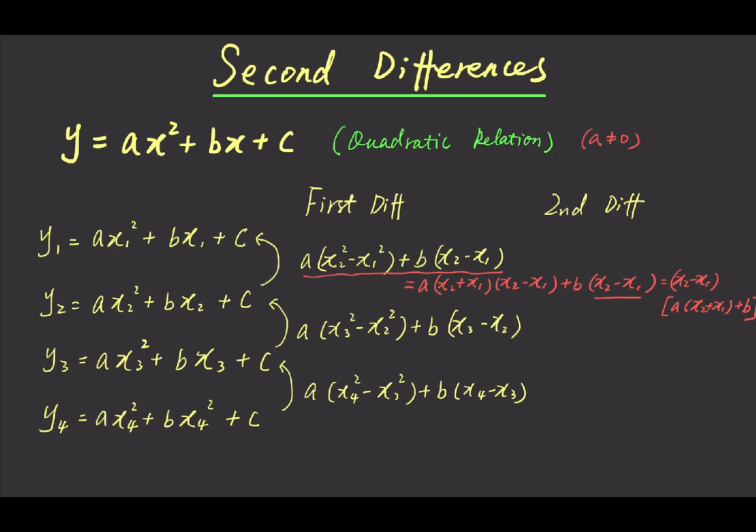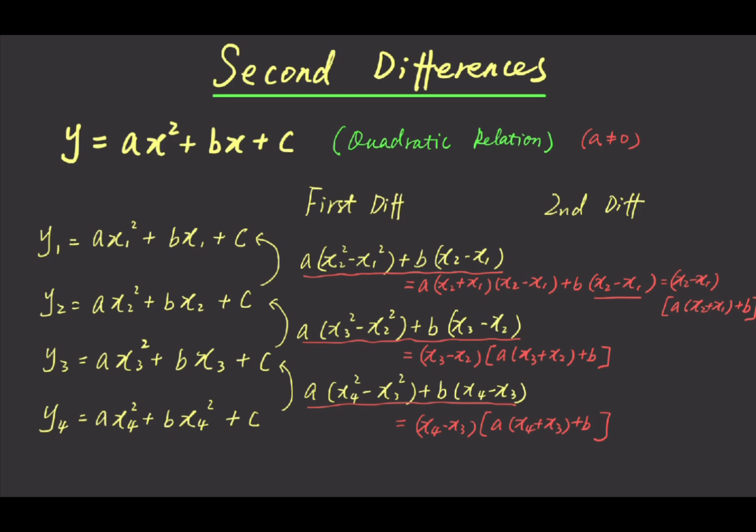Similarly, for this first difference, we get x3 minus x2 times a times x3 plus x2 plus b. Similarly, for this first difference, we get x4 minus x3 times a times x4 plus x3 plus b.